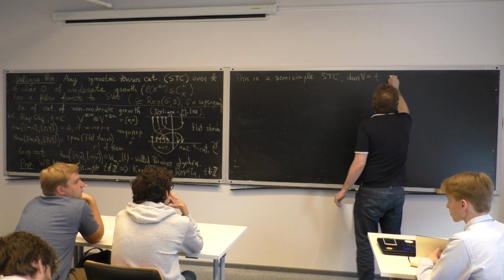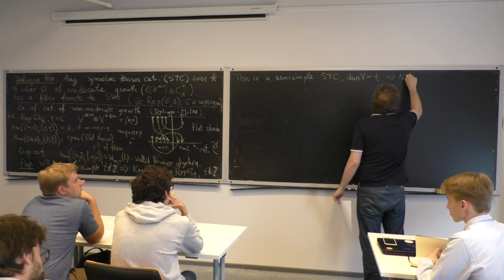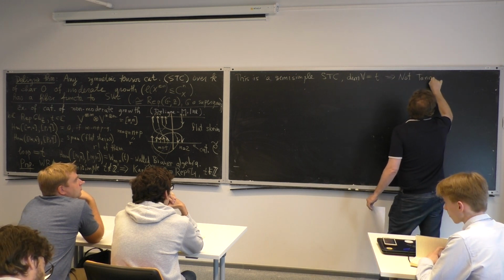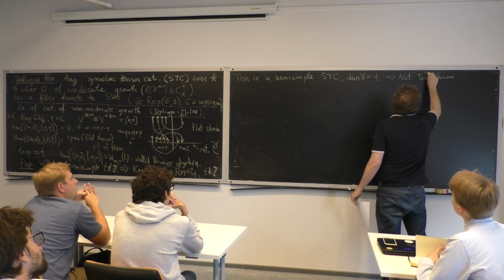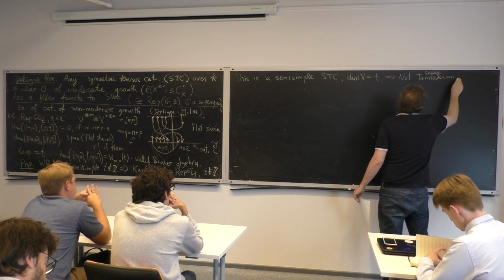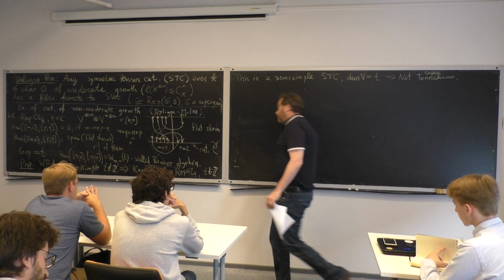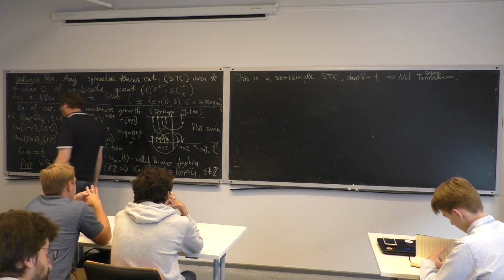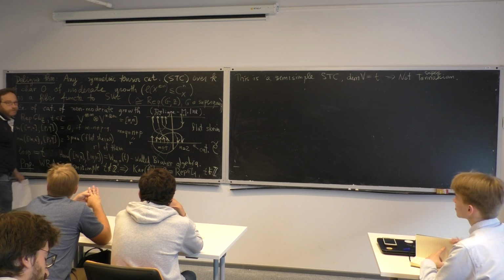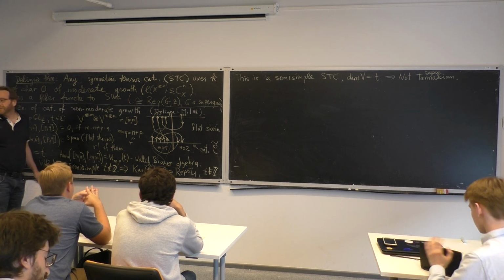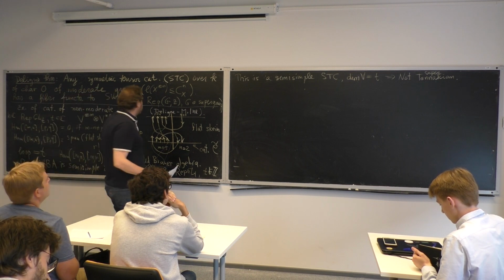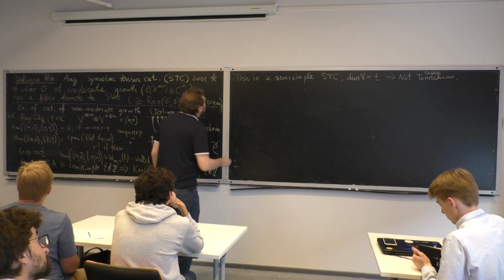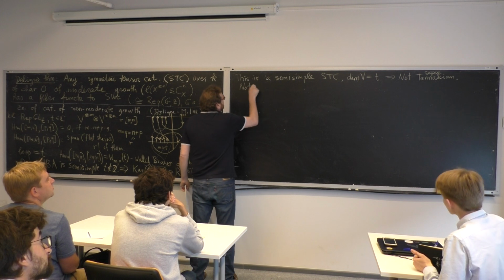So in particular, it's not Tannakian, or super Tannakian, because in a super Tannakian category, the dimension of every object is an integer. Maybe a negative integer, but an integer. Another way to see it: this category does not have moderate growth.